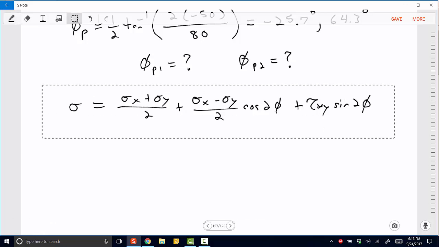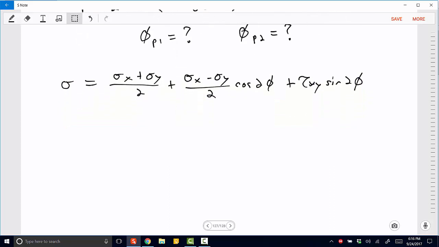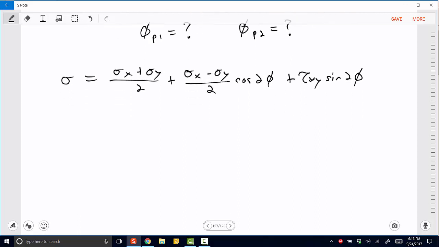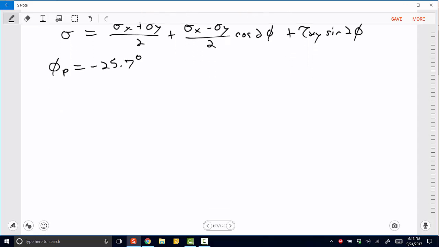Right? That's that general equation we had for any angle of phi. Well, let's go ahead and plug in the two phi p's that we found, and from that we can determine which is which. So let's plug in phi p equal to negative 25.7 degrees. So let's replace the phi with phi p, right? All right, let's do that.